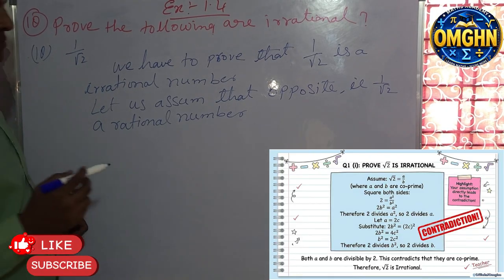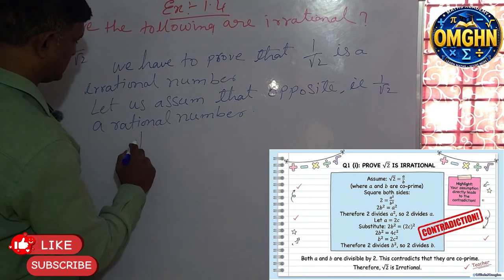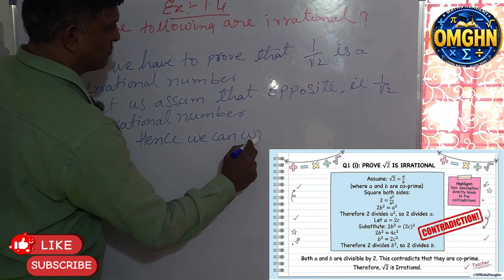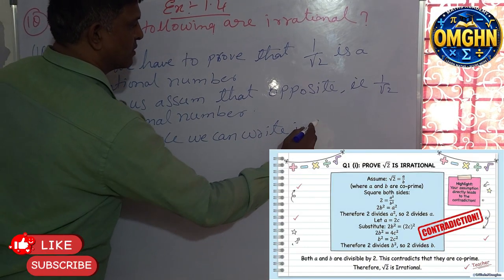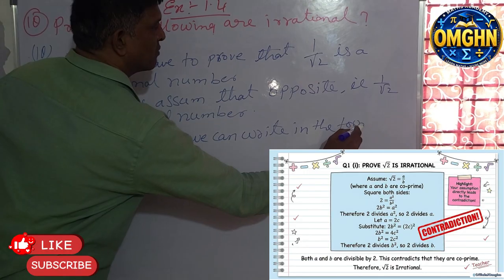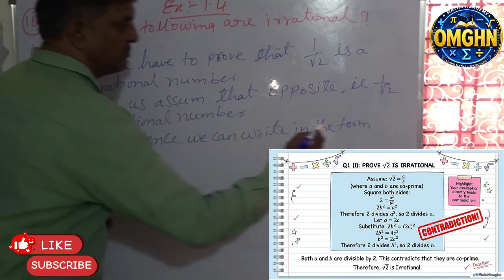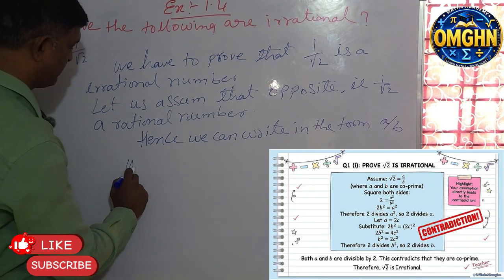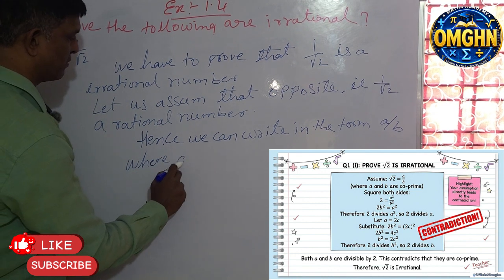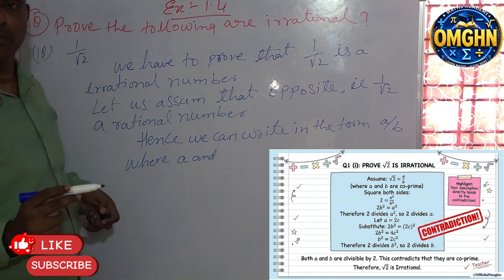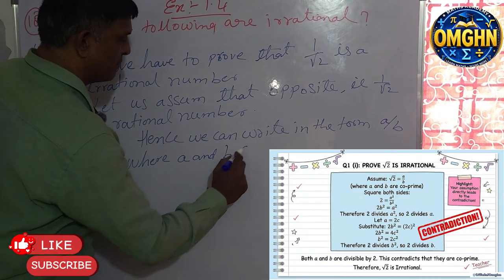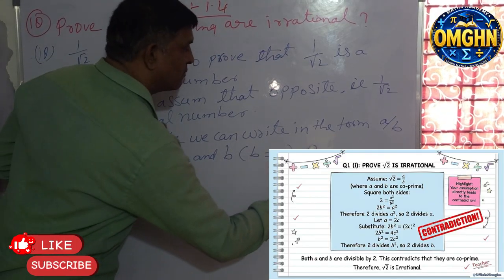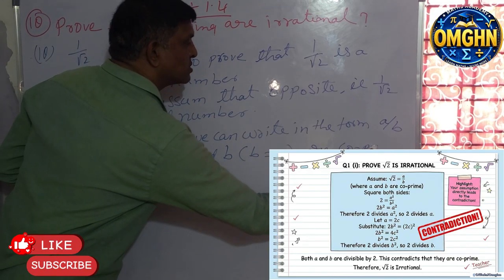Hence we can write this equation as a by b, where a and b, b not equal to 0, are co-primes.